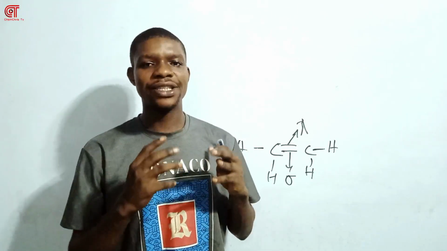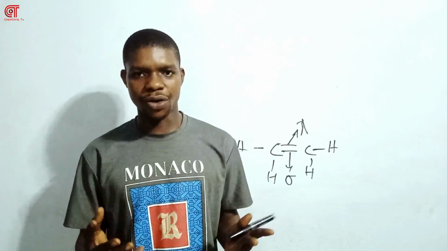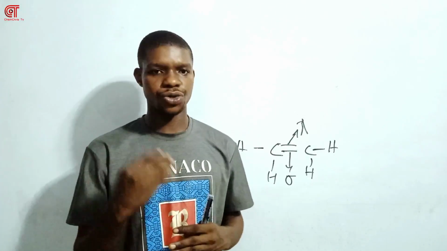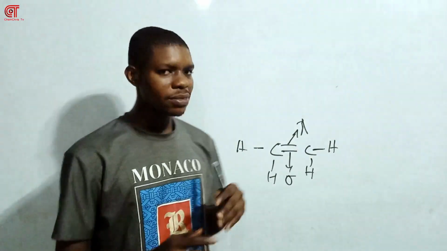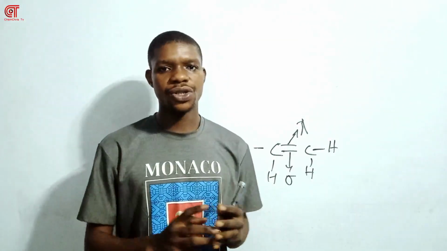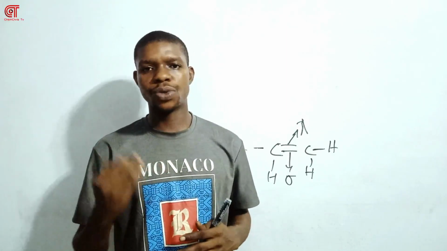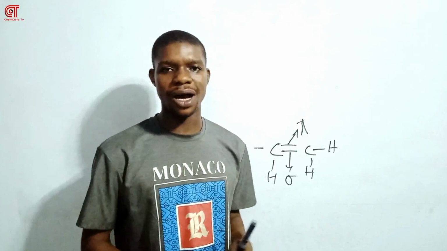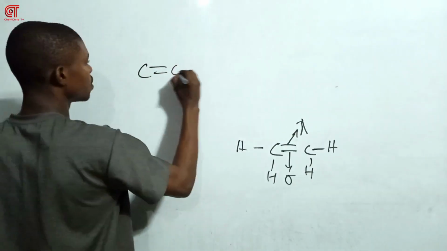The shape of sp2 compounds is called trigonal planar. You want to pay close attention to that because you see it in the exam. Another thing to take note of is that it can explain the bond angle of 120 degrees. So the bond angle in sp2 is 120 degrees. Just like when you have something like this.